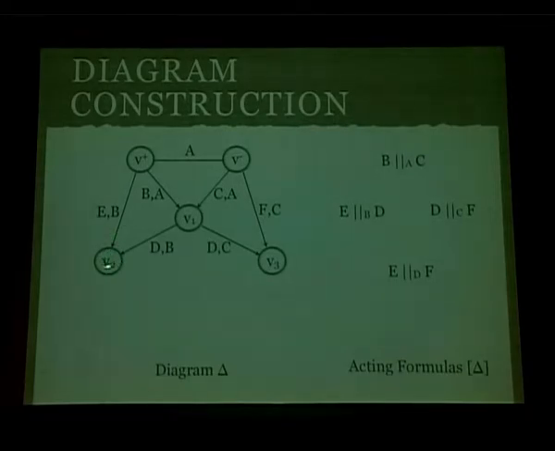So I will pull down a child from V2 and V3. Those two vertices are D connected, and that's my diagram. So this is the diagram, and this is the acting set of formulas. For every diagram, there is a unique acting set of formulas that created this diagram, but not vice versa. If you have a given acting set of formulas, you can create multiple diagrams from it.